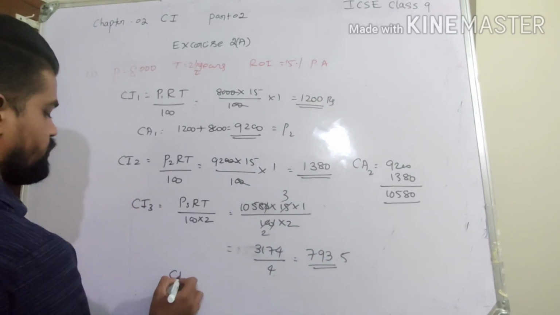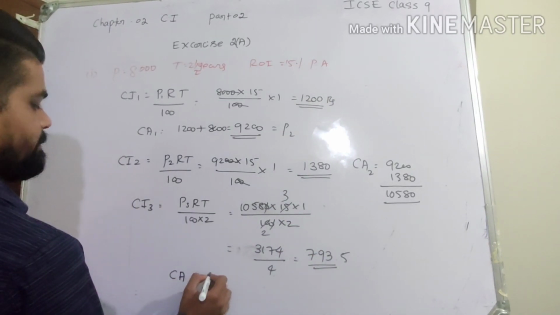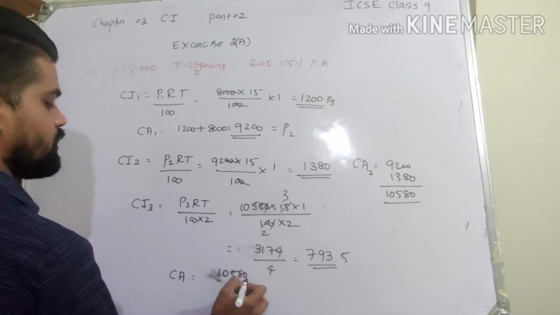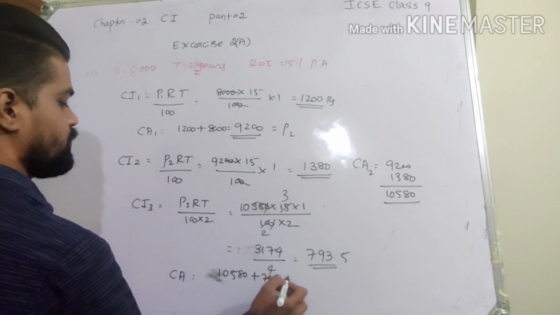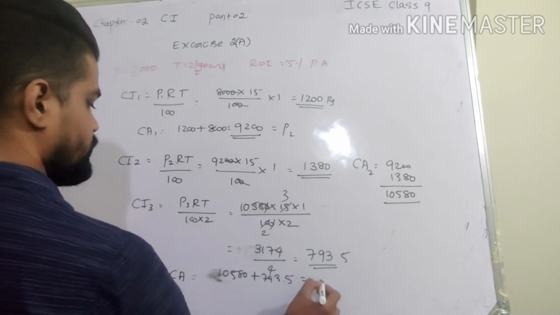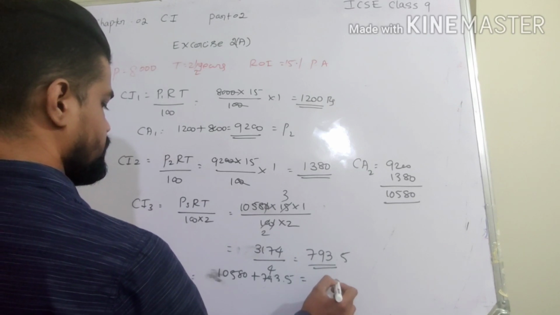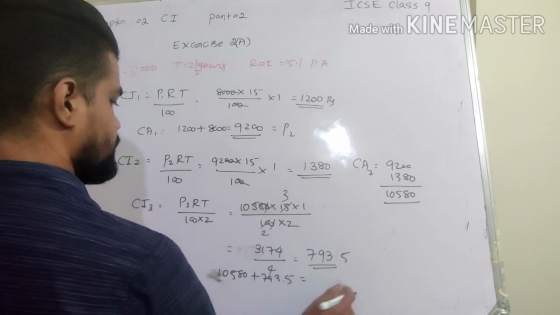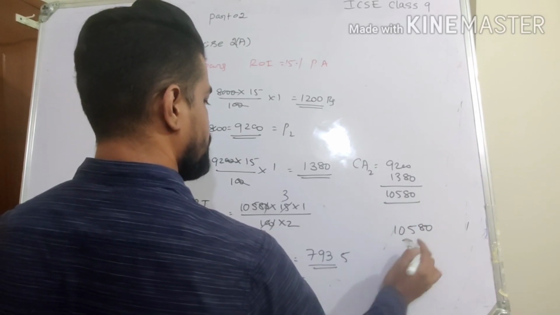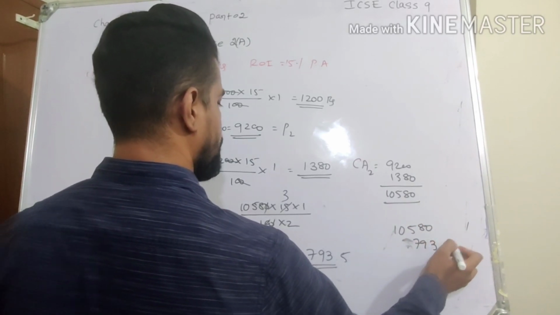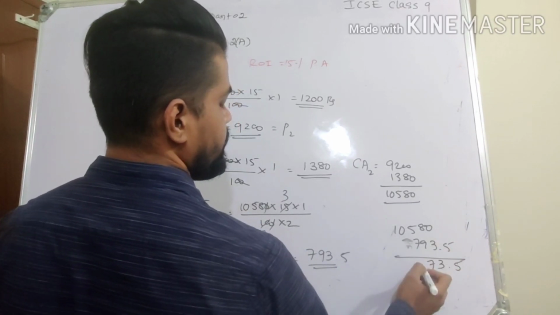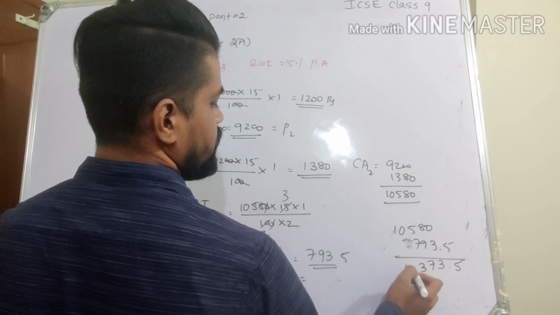So the compound amount is going to be 10,580 plus 793.5. So when you add that, it's going to be 11,000-something. So let's add it. 10,580 and then 793.5. So 0.5 remains as it is. 3 7 3 11.